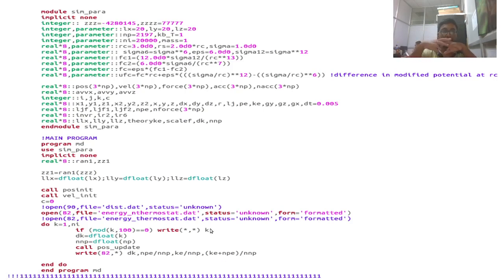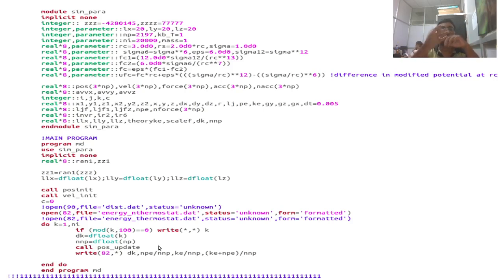It will help us find out how many iterations have been run already. So it will print like 100, 200, 300 in this way. After that it will call another subroutine which is the position update.